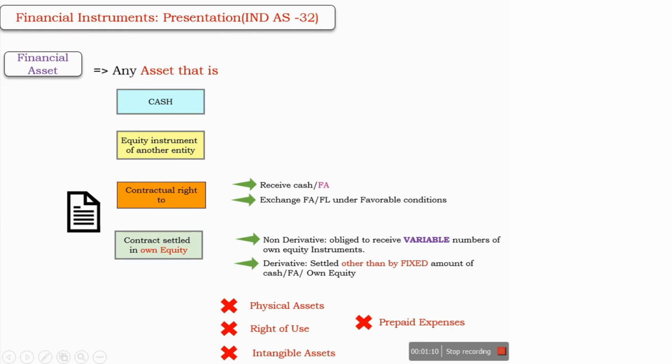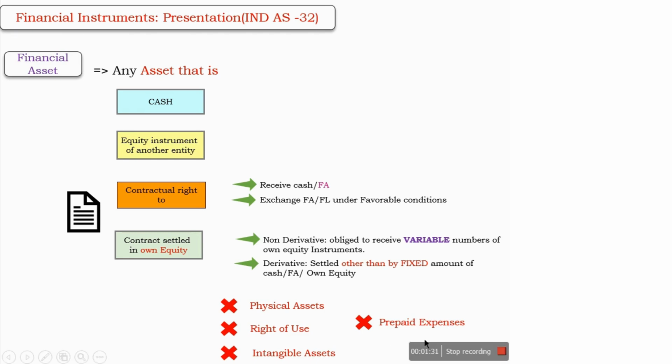All these categories, physical assets, right of use, intangible assets, or prepaid expenses, although they create an opportunity to generate an inflow of cash or another financial asset, do not give rise to a present right to receive cash or another financial asset.